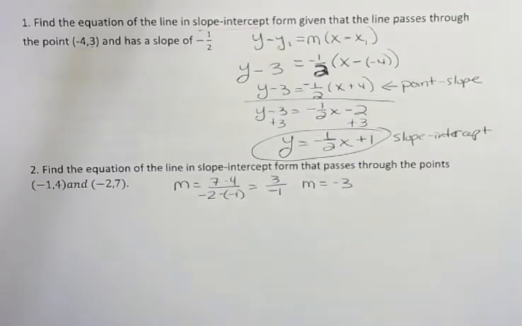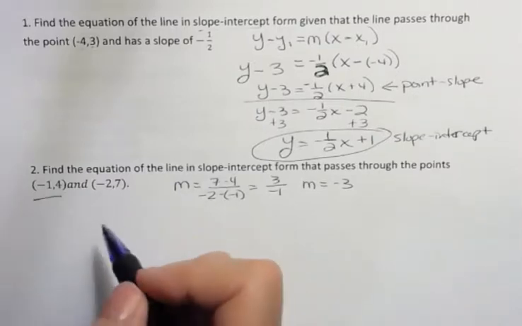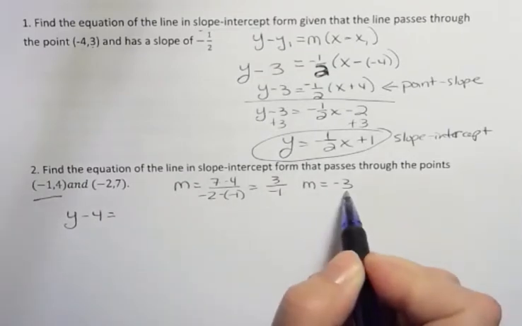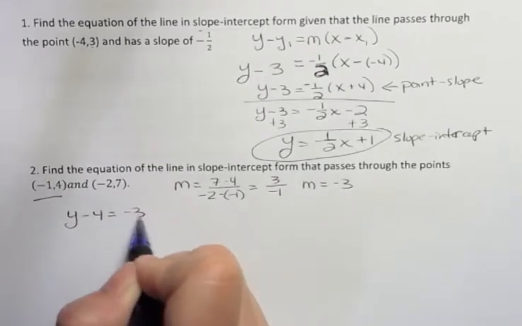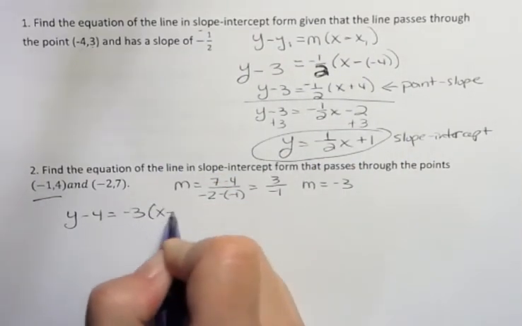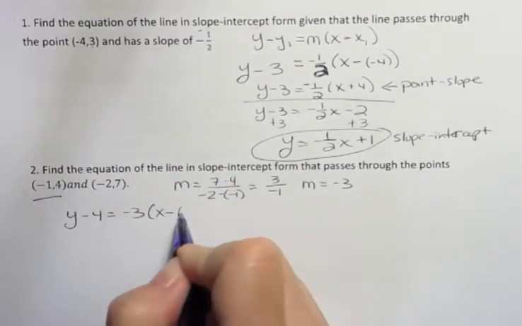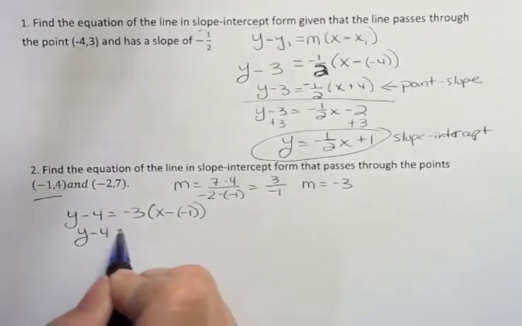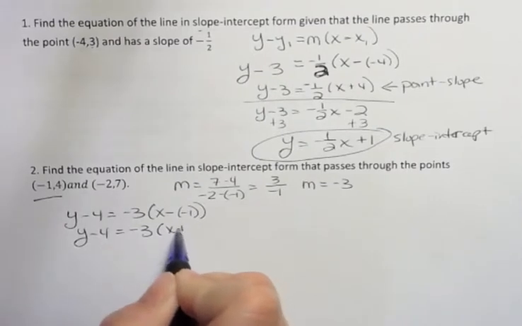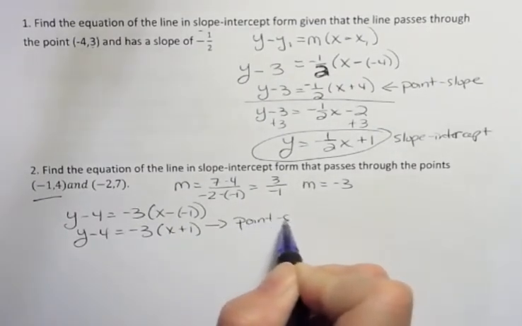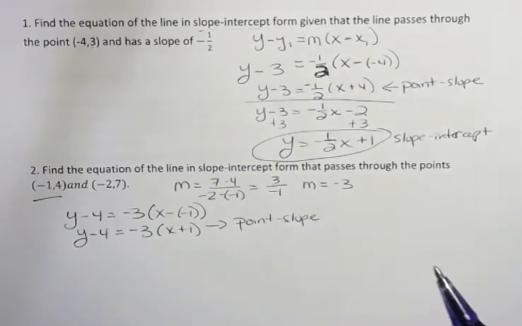Now I can choose either one of these points to work with. I'm going to randomly choose this one, and I'm going to say y minus 4 is equal to negative 3. I'm plugging into this formula up here, x minus negative 1. And that means I have y minus 4 is negative 3 times x plus 1 as my point-slope form, if they ask for that.